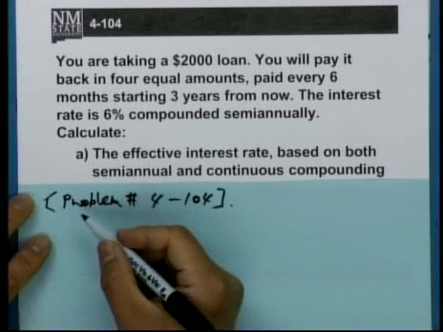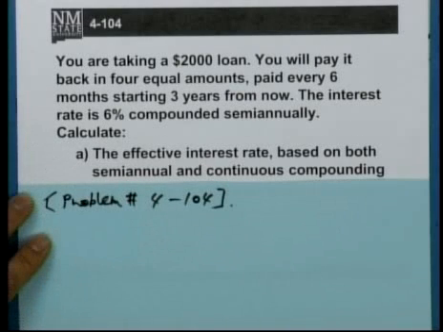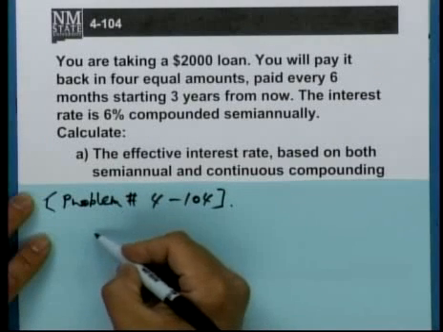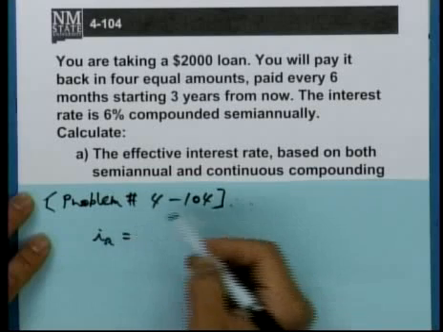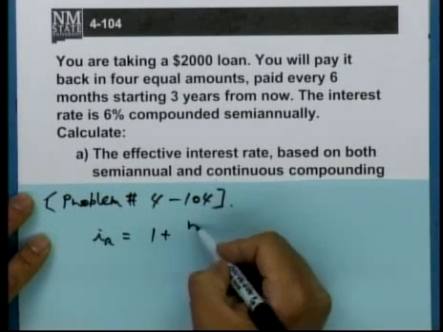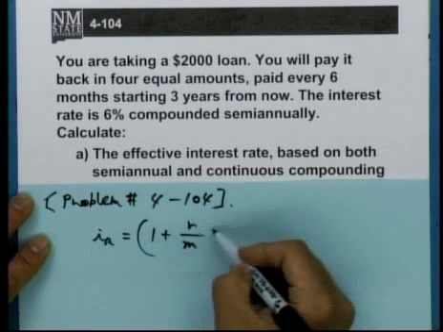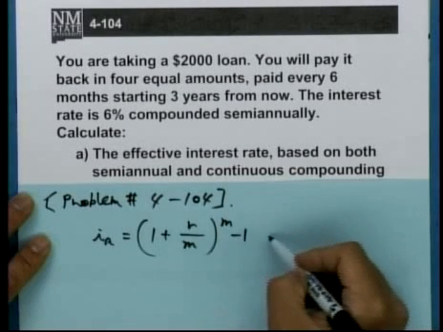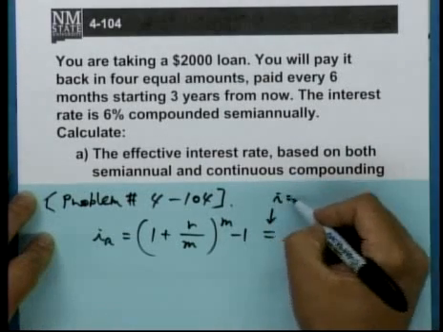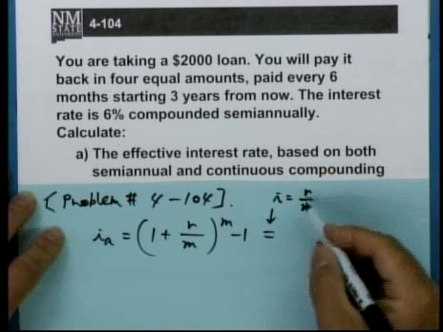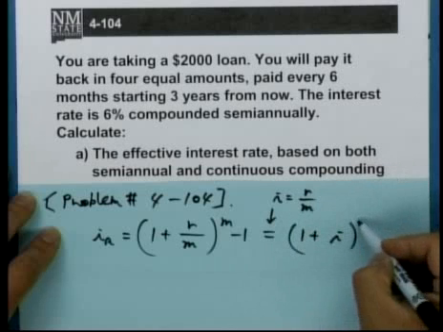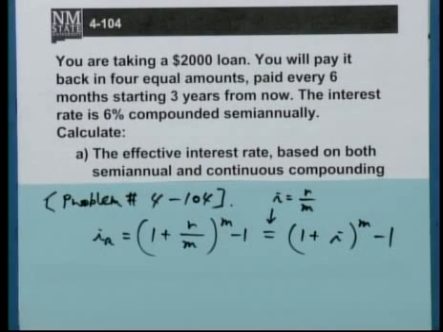Again, we are going to use effective interest rate, I sub A equals 1 plus R over M to the power M minus 1, or using the relationship I equals R over M. This becomes 1 plus I to the power M minus 1, right?